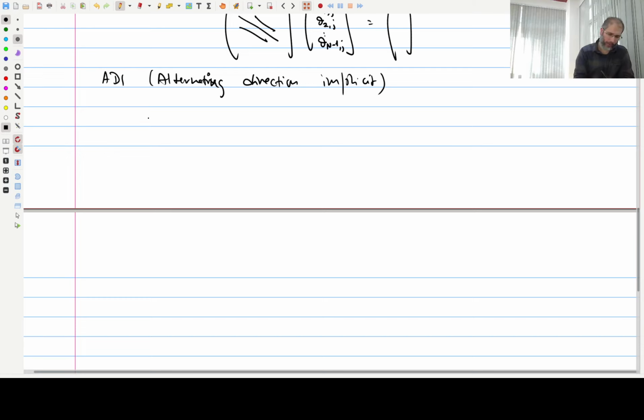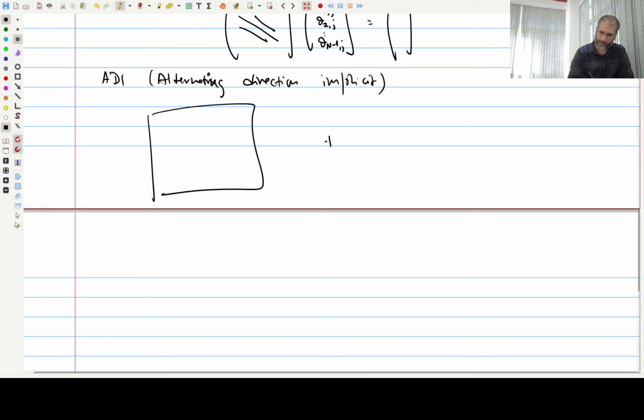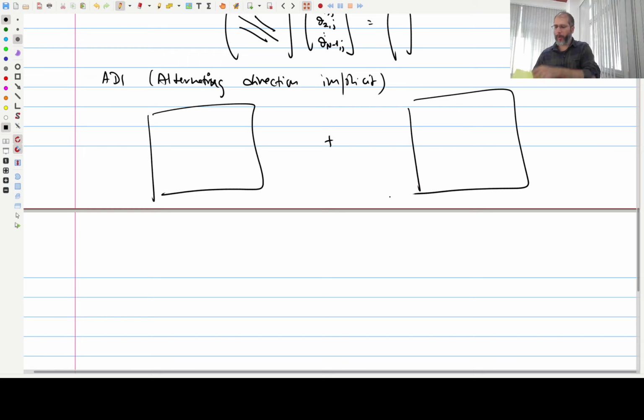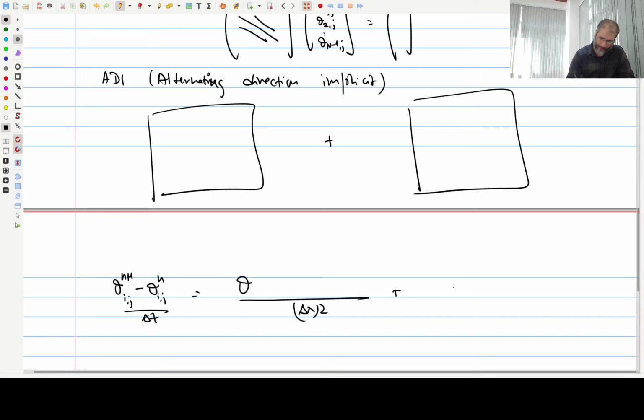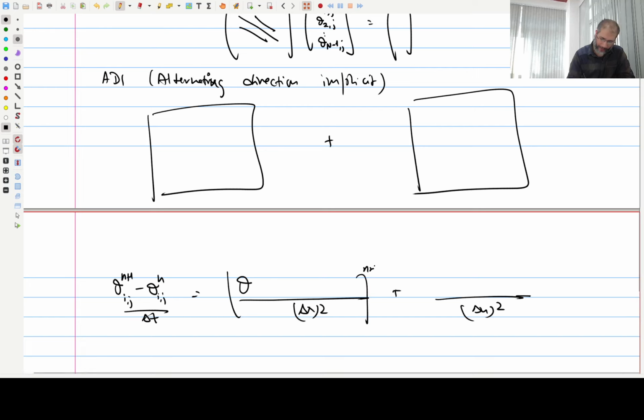So here you have a two-step approach. In step number 1, now remember the backward time center space. We had theta n plus 1 minus theta n upon delta t, and then you had discretization for x and y. This was done at the n plus 1th time, and this was also done at the n plus 1th time.